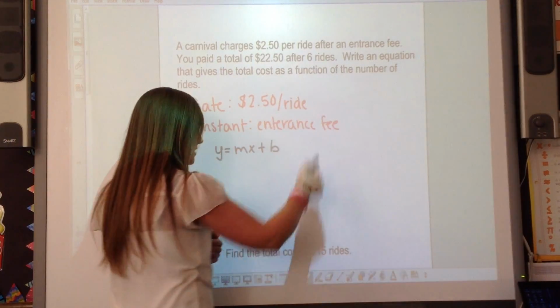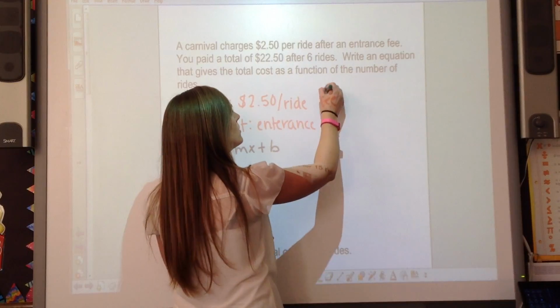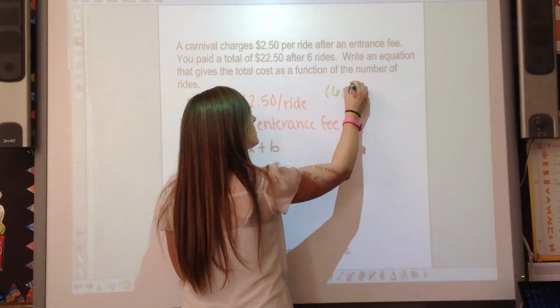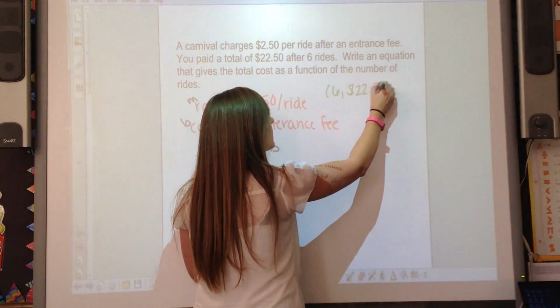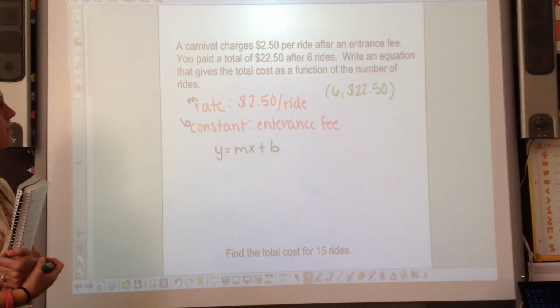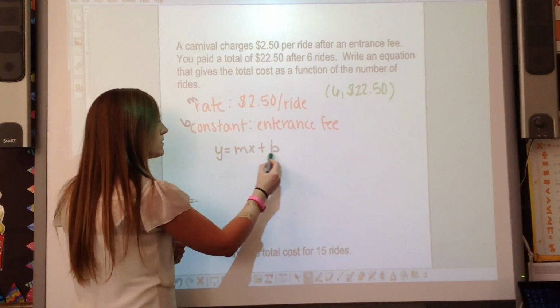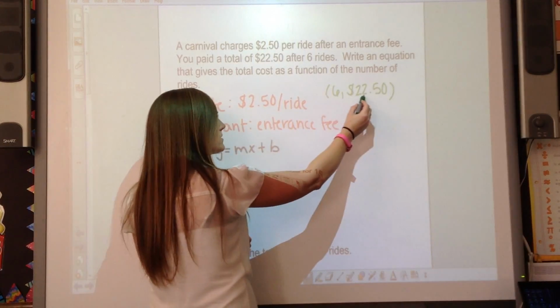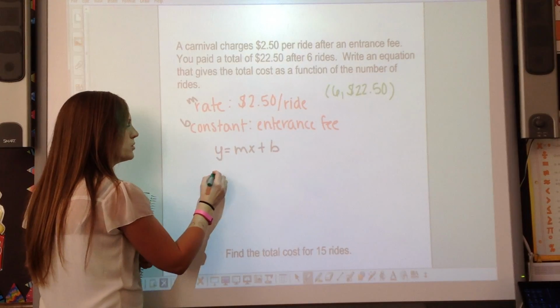This is an ordered pair. 6 rides for $22.50. Okay. We're going to plug that information in to find our entrance fee right here. This is our x, this is our y, this is our slope.